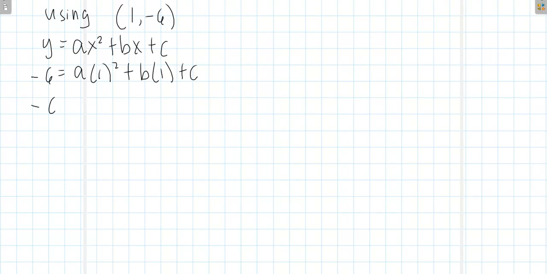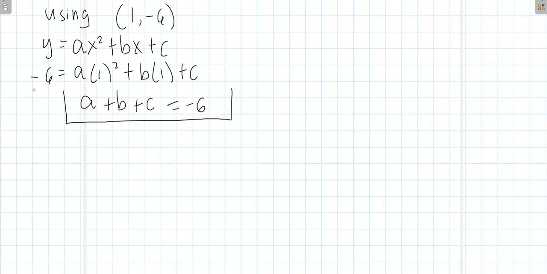So we have -6 = a + b + c. So this is now the same as a + b + c = -6. So this is now your equation 3.